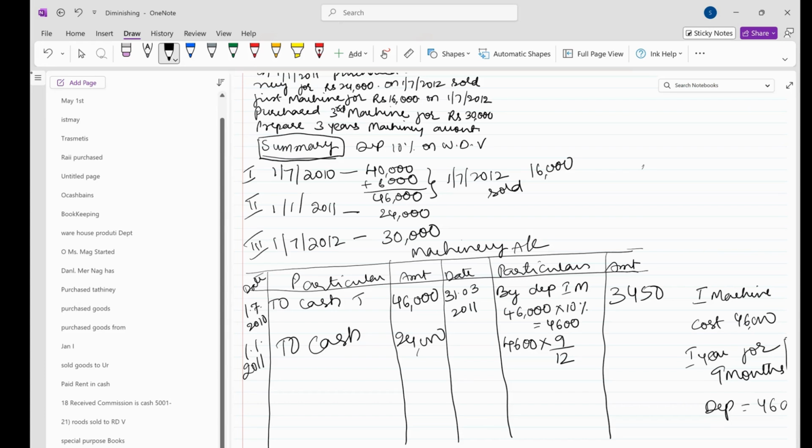This is the first machine, this is the second machine, when we close the books on 31st March 2011. Now by depreciation, second machine: 24,000 into 10% into how many months we used the second machine? January, February, March. Only 3 months.